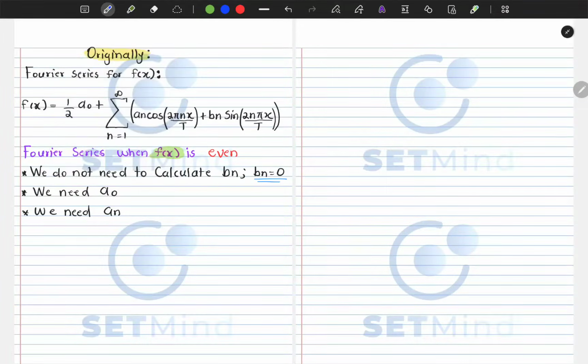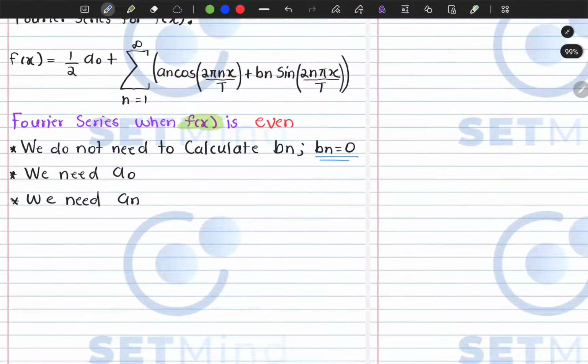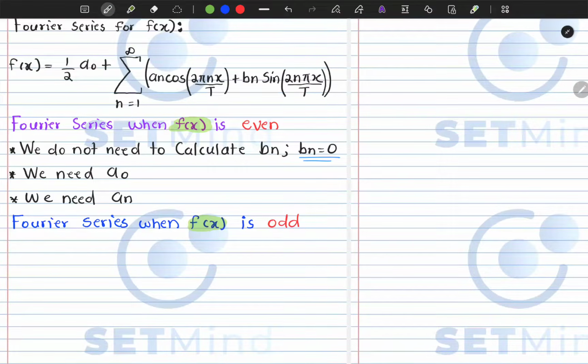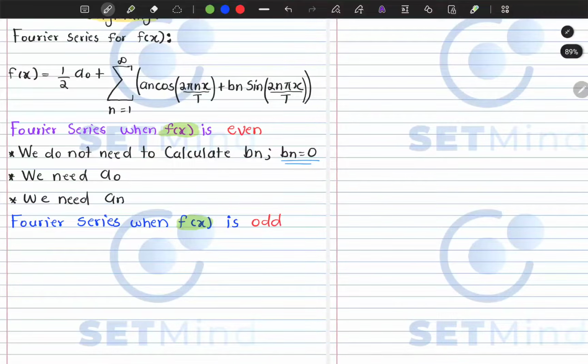Now with this in mind, let's have a look at the difference. What happens when we are looking for the Fourier series when our f of x is odd? There are a couple of things that we need to note. The first one is that we do not need to calculate our an.